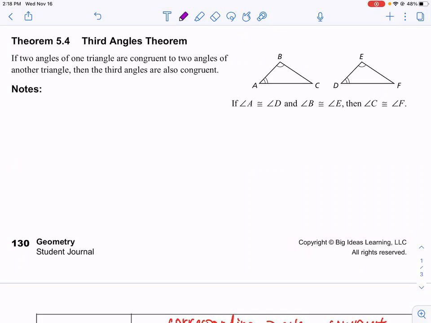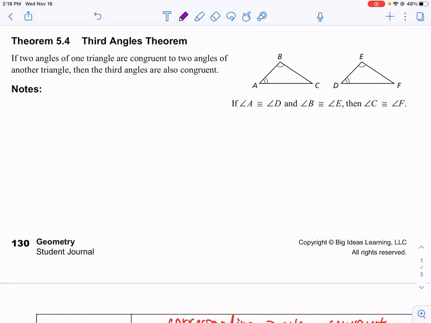Okay, here we go. I will add to our list here. Third angle theorem. Let's read this. If two angles in one triangle are congruent to two angles of another.